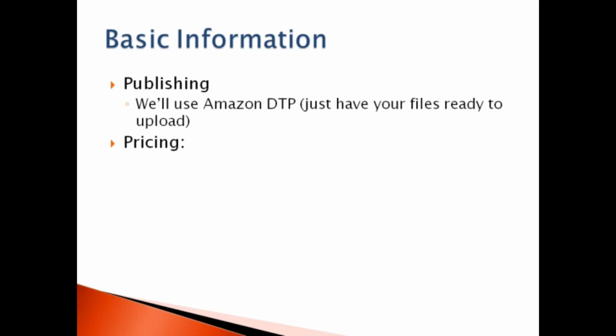Now, we recommend that you price it at about $9.99 or lower, because most of the Amazon Kindle ebooks are $9.99 or lower. And there are different pricing structures that Amazon Kindle gives you. There's actually 2 ways of making money. And I'll go into that a little further when I actually show you how to use the site.